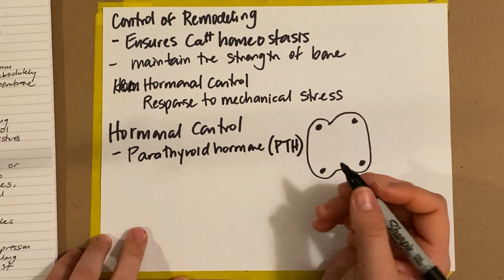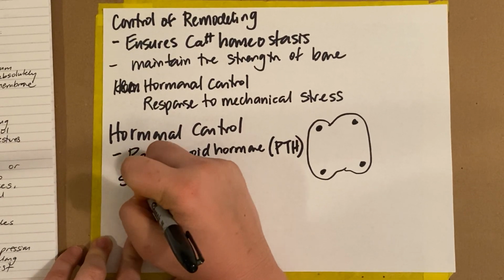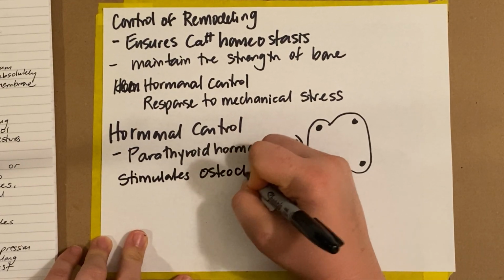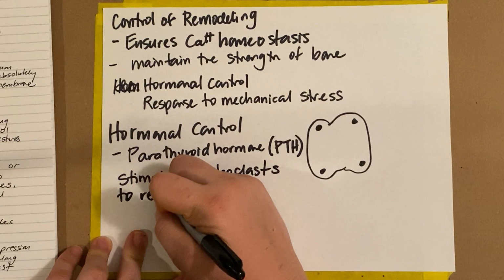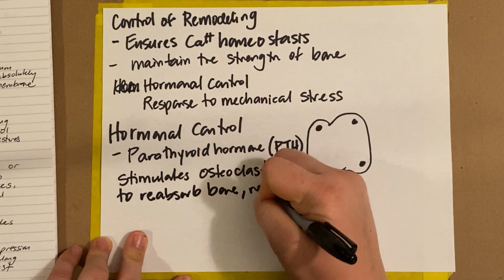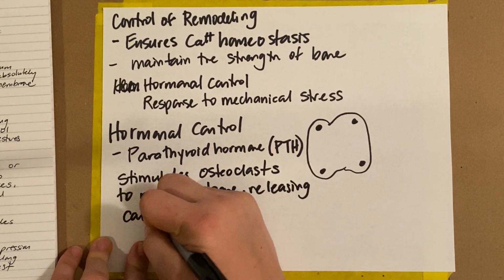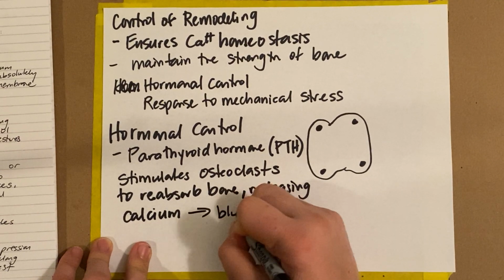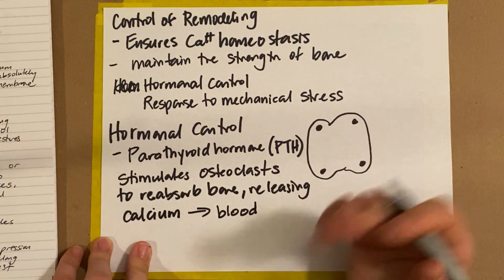And what PTH does is it stimulates osteoclasts to reabsorb bone, releasing calcium. Okay, so the calcium then can go to the blood and do what it needs to do.